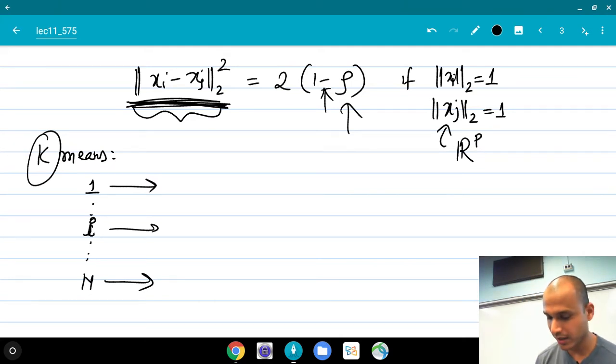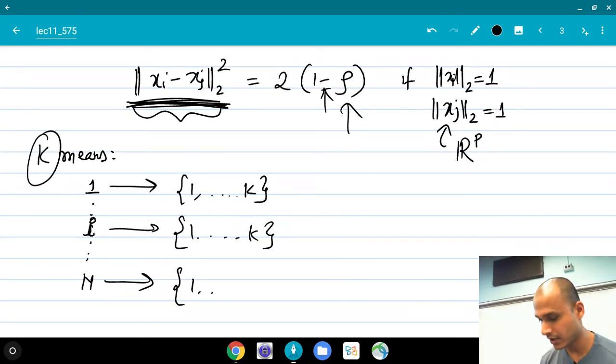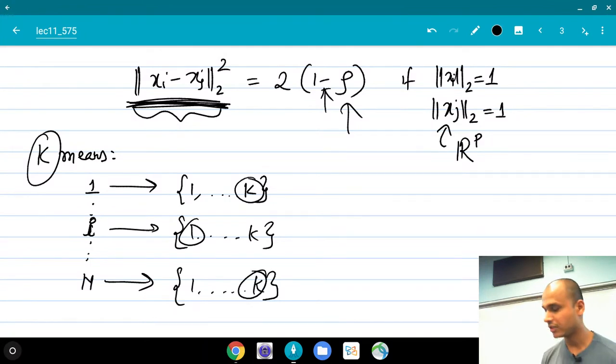So I want to say, okay, point 1, which of these k clusters does it belong to? For point i, which of these k clusters, and for point n, which of these k clusters? Maybe point 1 belongs to the kth cluster, maybe point i belongs to the first cluster, and maybe n belongs to the kth cluster.